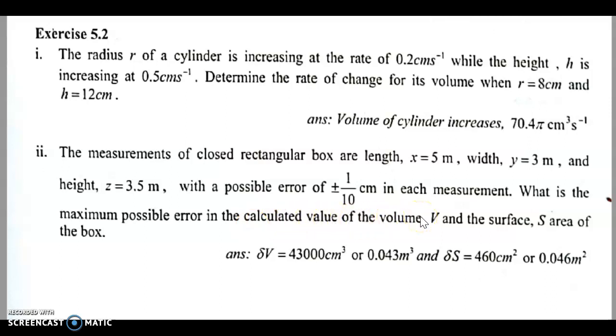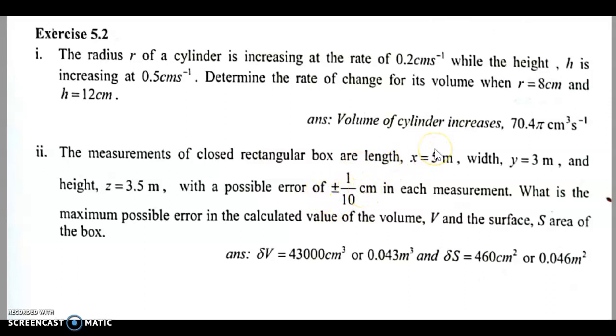So basically what the question asks is, the possible error that might happen here is plus minus 0.1 centimeter for each of these measurements. So let's say that they want to find the maximum possible error. What is the biggest box that it can produce, right? So it should be plus 0.1 centimeter.